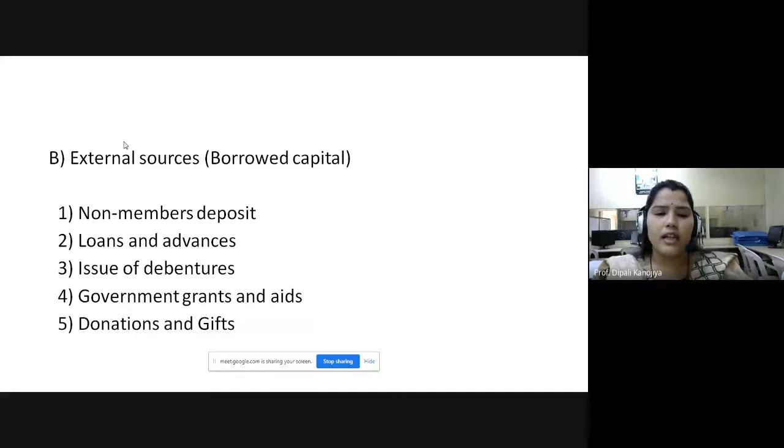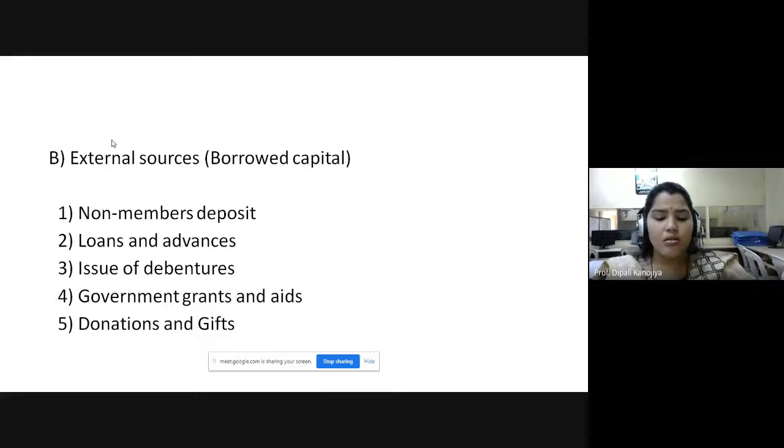The first one is non-members' deposit, that is, people who are not members of the cooperative society also deposit their money in the society.